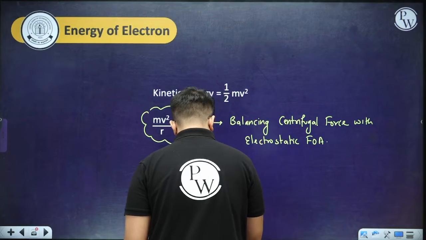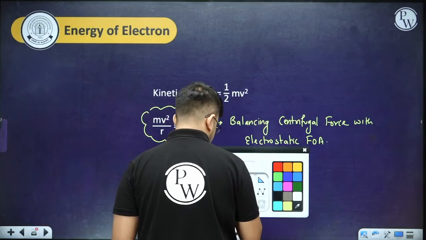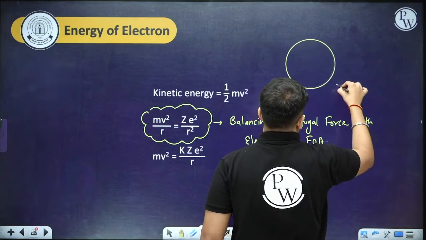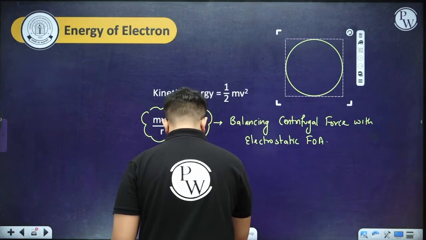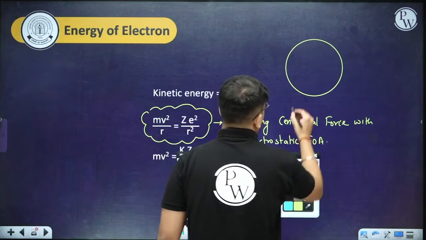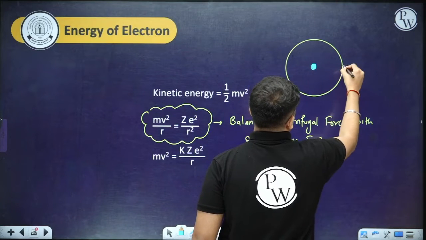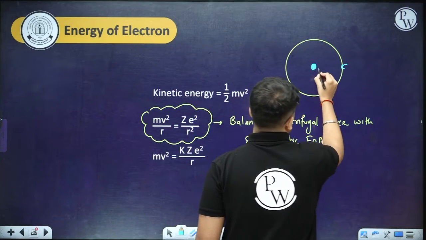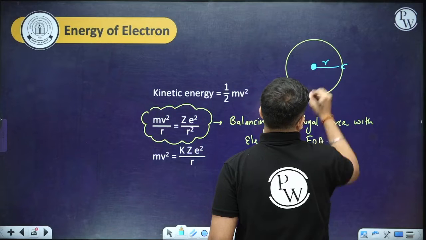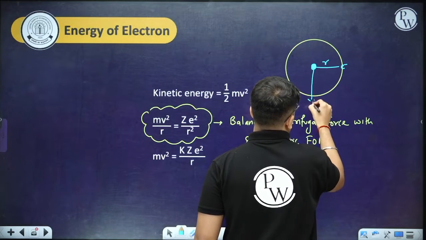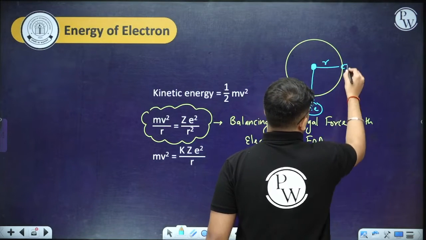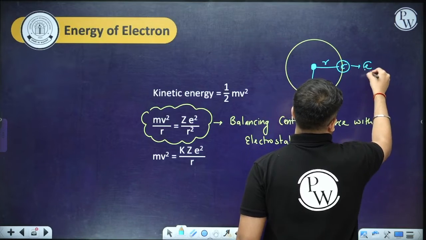So that will look like this. In the center point, this is your nucleus. This is your electron. The distance is basically r. The nucleus has charge Ze. The charge of the electron is e only.